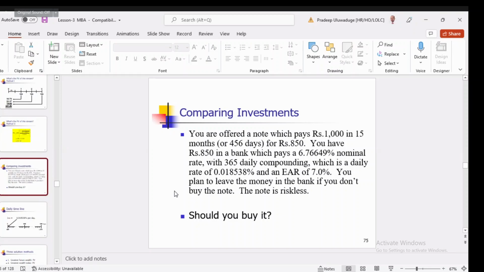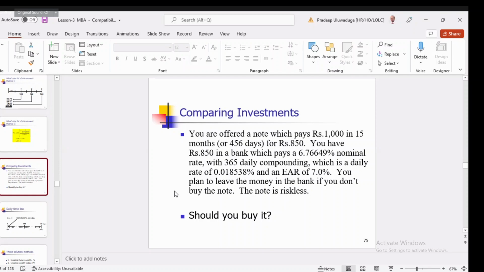You are offered a note which pays 1,000 in 15 months or 456 days for rupees 850. You have 850 in a bank which pays a 6.76649% nominal rate with 365 daily compounding, which is a daily rate of 0.018538% and an effective annual rate of 7%.